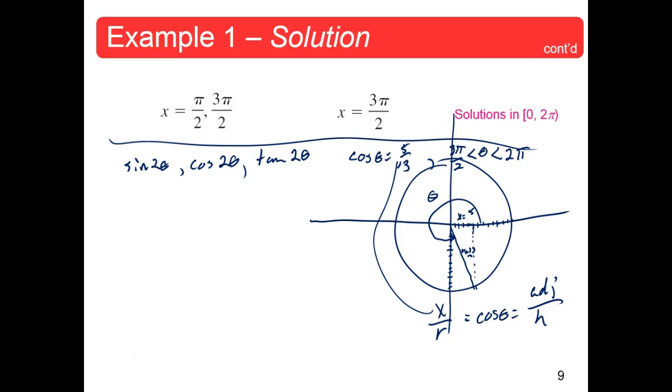A squared plus b squared equals c squared. You got it. Pythagorean theorem. And in our problem here, what are those representing? x squared plus y squared is equal to r squared.